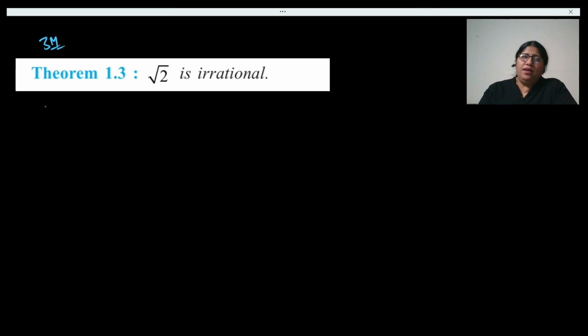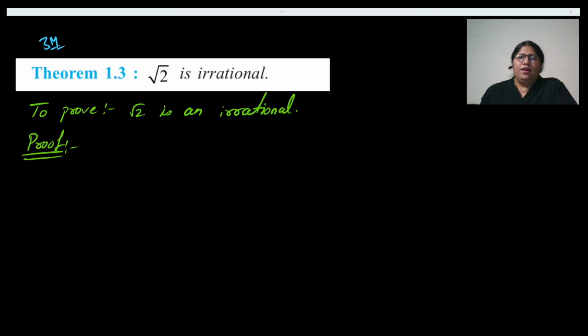Now, the first thing, to prove that root 2 is an irrational number, we take the contradiction. Contradiction means we need to prove irrational, so let us suppose root 2 is a rational number. So we will assume that.